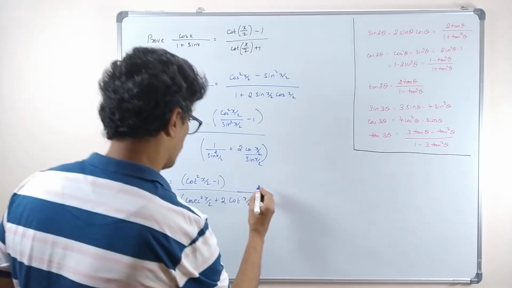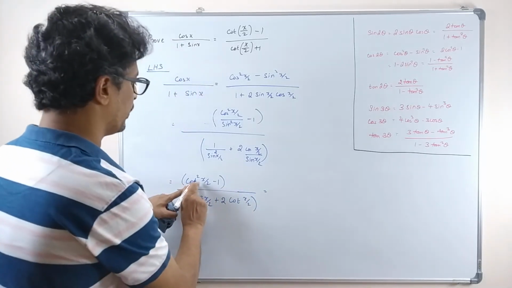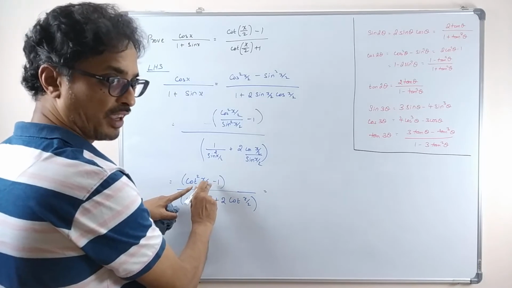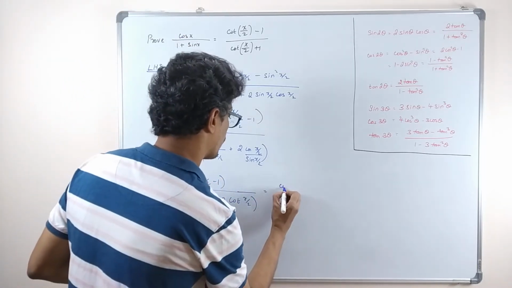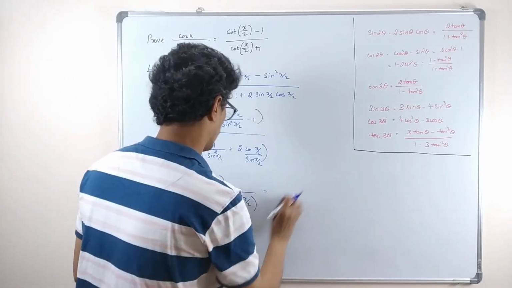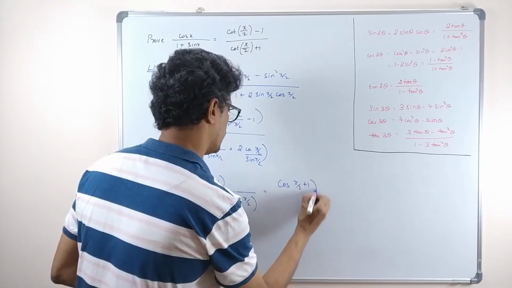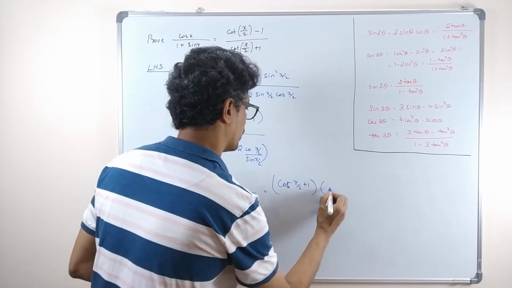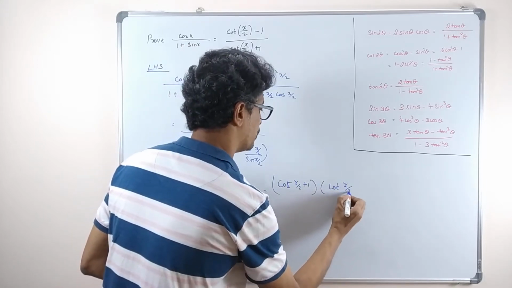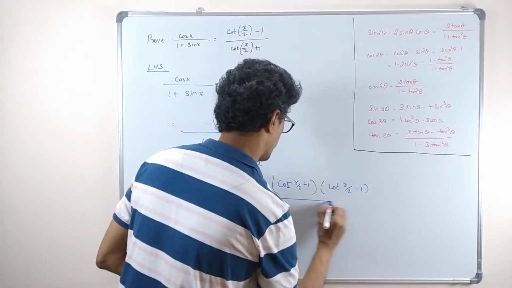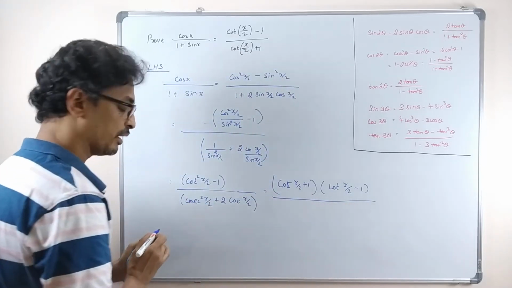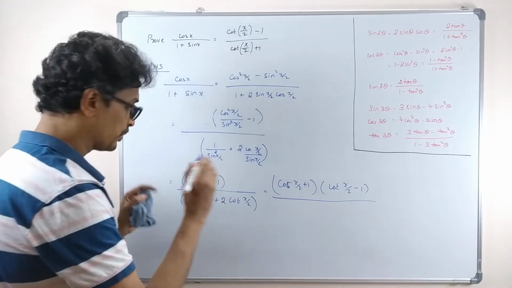So now this will be what? A square minus b square is a plus b into a minus b, right? So cot x by 2 minus 1 divided by cosec square, which can be written as 1 plus cot square.